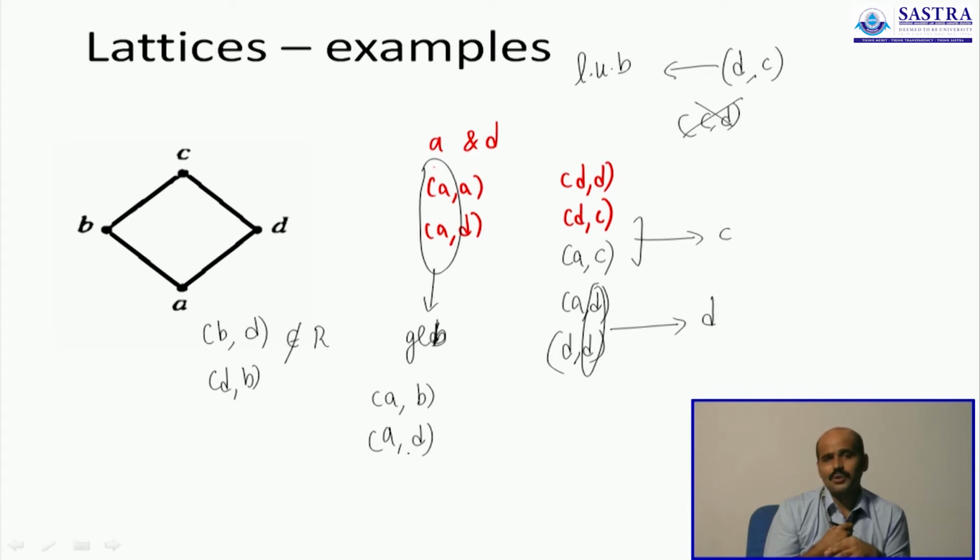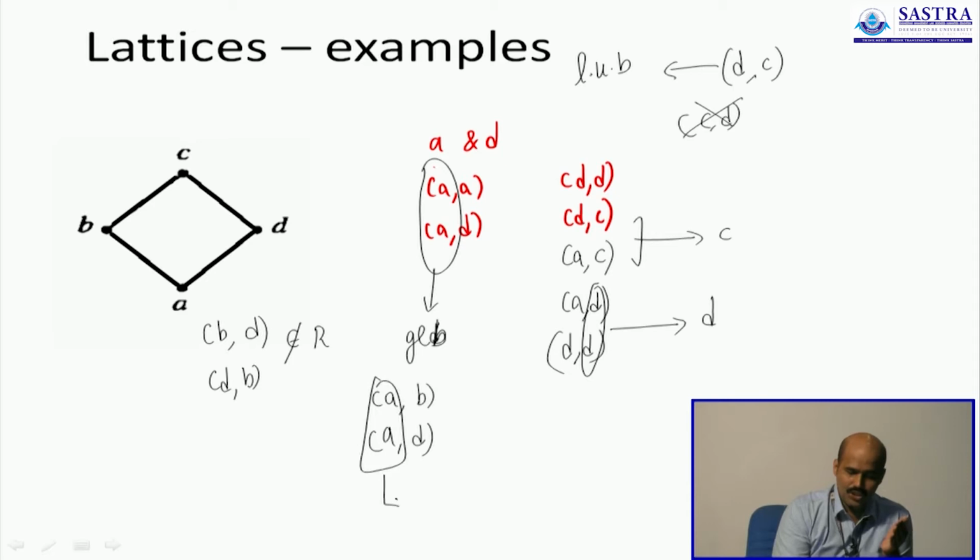Therefore A is a lower bound for the elements B and D, and that is the only element that's a lower bound. Hence there is no other lower bound for us to compare it with, and therefore A forms the GLB.